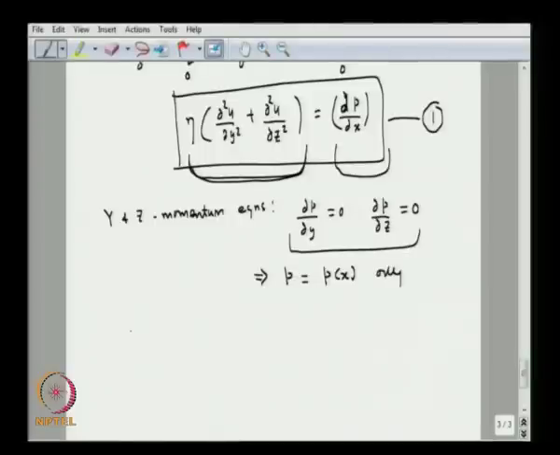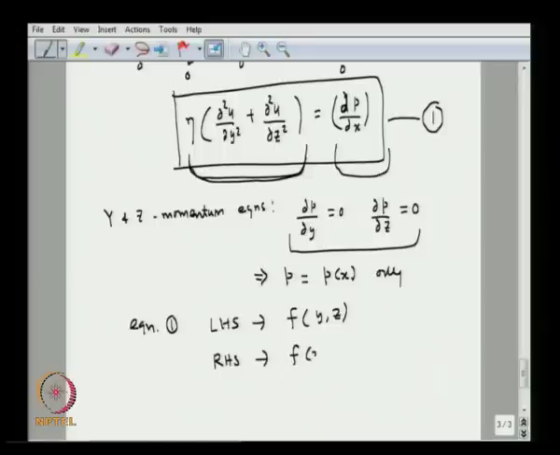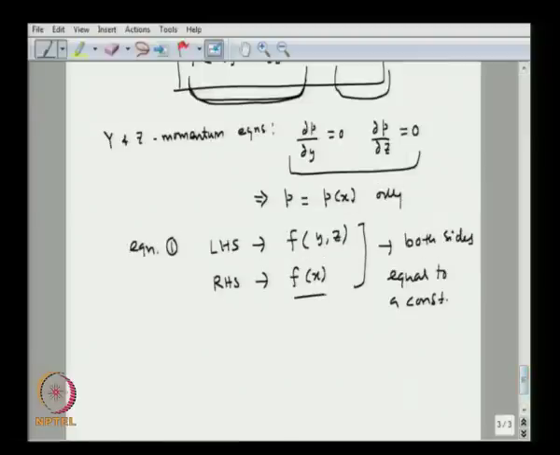So, since equation 1 left hand side is a function of y and z and right hand side a function of x, both sides must be equal to a constant. That is the only way this is going to be possible.